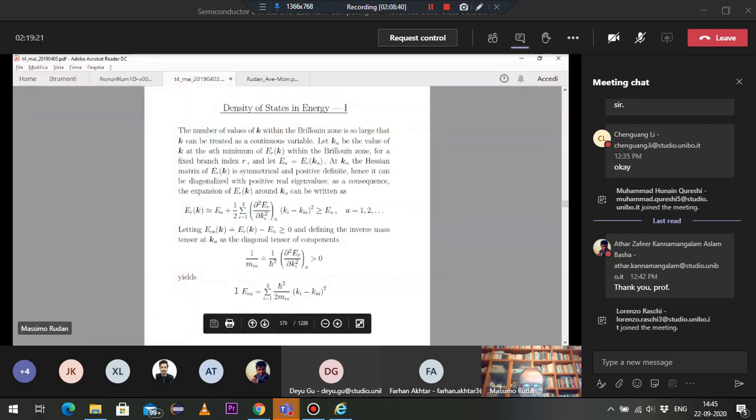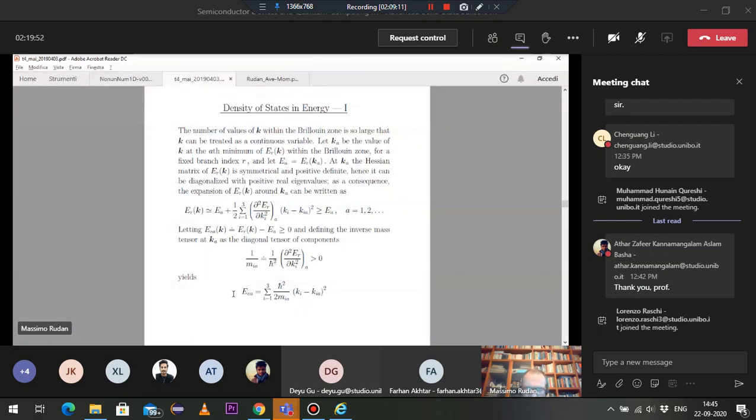So in this case, after these simplifications, the second order expansion of the energy in the conduction band becomes this quadratic form, okay? So on one side, we are very happy because we have recovered a quadratic relation between energy and momentum.